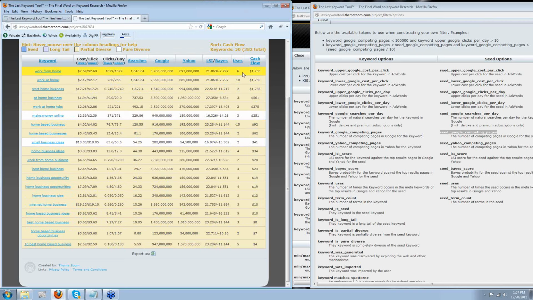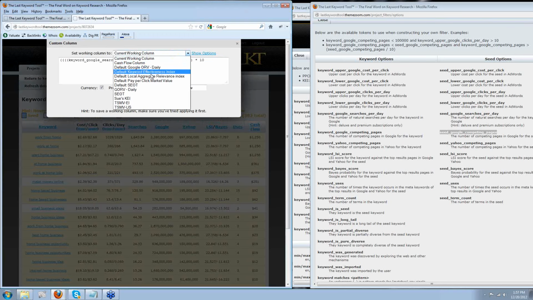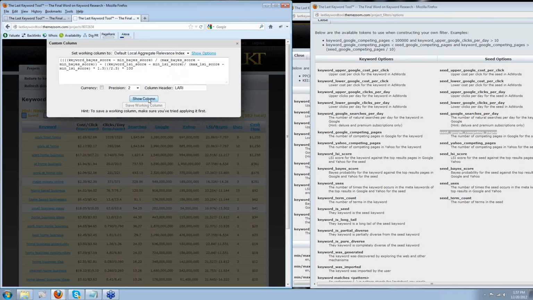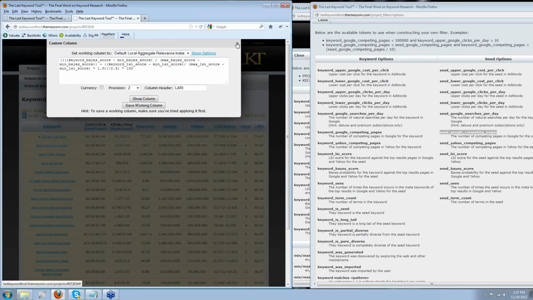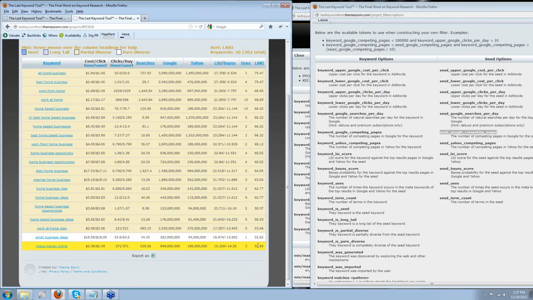And sometimes it does. If I change this custom column to Larry just for a second, you can see how these things shift. So you can have, for example, this Larry is only 50, and yet it's used 3 times on your competitors' websites, which is pretty high, all things considered.